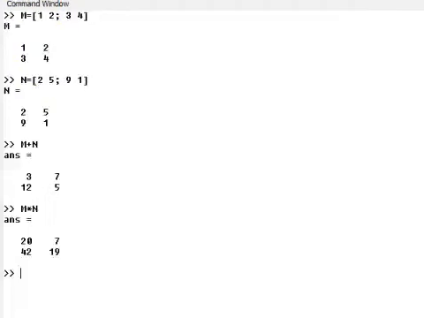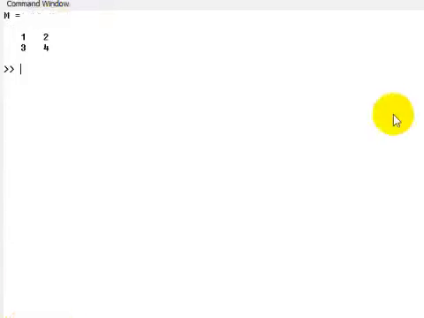So by typing M dot star itself, it gives you the element by element operation. 1 times 1, 2 times 2 is 4, 3 times 3 is 9, 4 times 4 is 16, like that, right?